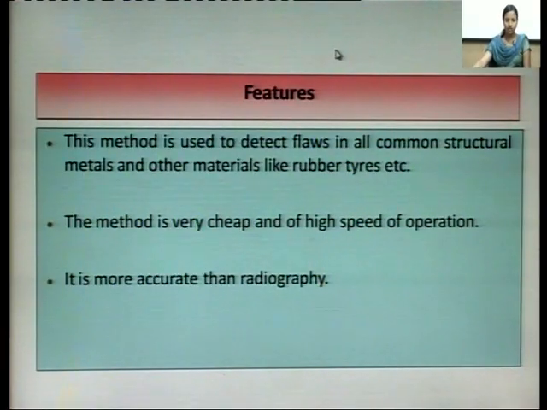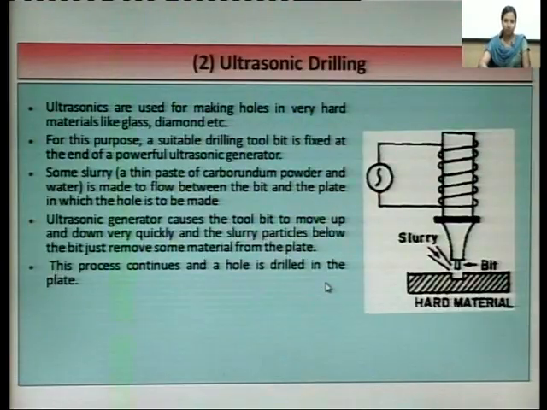This method is used to detect flaws in all common structural metals and other materials like rubber tires. The method is very cheap, has a high speed of operation, and is more accurate than radiography.